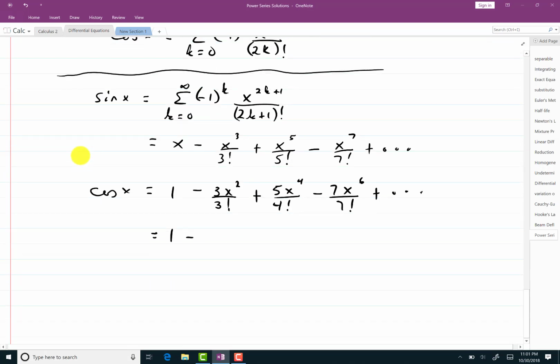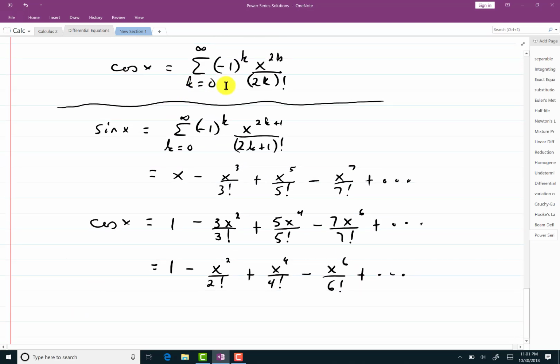Now, the 3 in front will cancel with the 3 in this factorial, and I'll get x squared over 2 factorial plus x to the fourth. I made another mistake right there. That's a 5 factorial. But after you cancel out the 5s, you'll get your 4 factorial, minus x to the 6th over 6 factorial. So you can see that what I wrote up here is actually the proper way to write this series. So what happened? The problem with sine is it did not start with a constant. That first term is not constant.